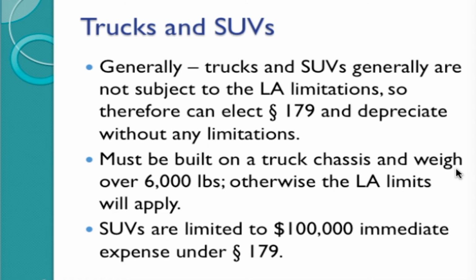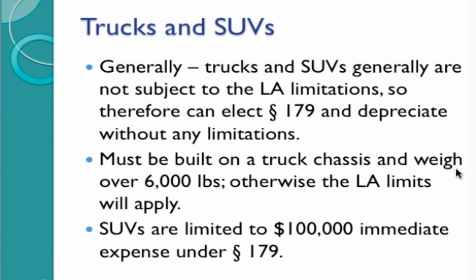So this would be, for instance, I believe something like a Honda Pilot, which we would generally consider an SUV, I think is built on a non-truck chassis. And I think even the Honda Ridgeline, which is considered a truck and looks more or less like a truck, is actually built on a car chassis.